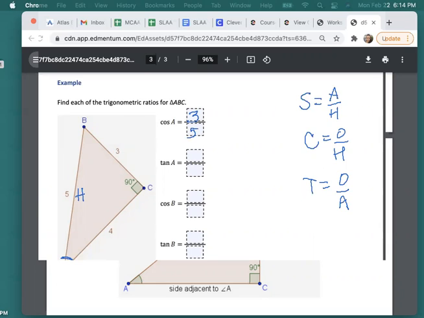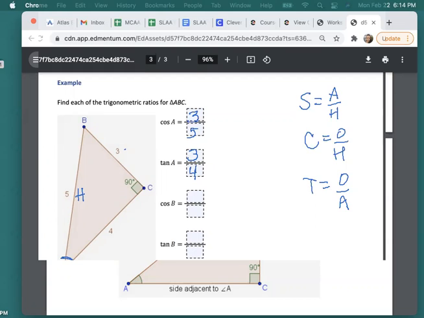And then tangent of angle A, so tangent is opposite over adjacent. So opposite of A is 3. And then adjacent, touching A, is 4, so that's 3 over 4.